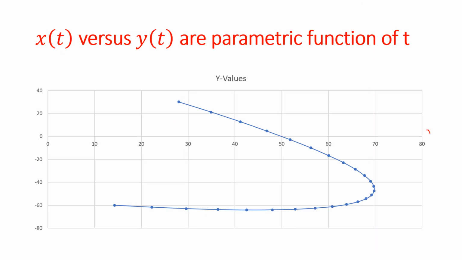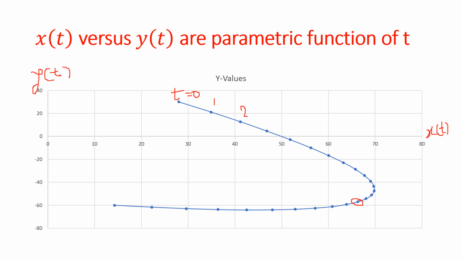Here x of t is the independent variable we are considering for plotting in Excel, while y of t is the dependent variable we are plotting on the vertical axis, and this is the position of the rabbit at t equal to 0, then 1, 2, 3, 4, 5, 6, 7, 8, 9, 10, 11, 12, 13, 14 and 15.